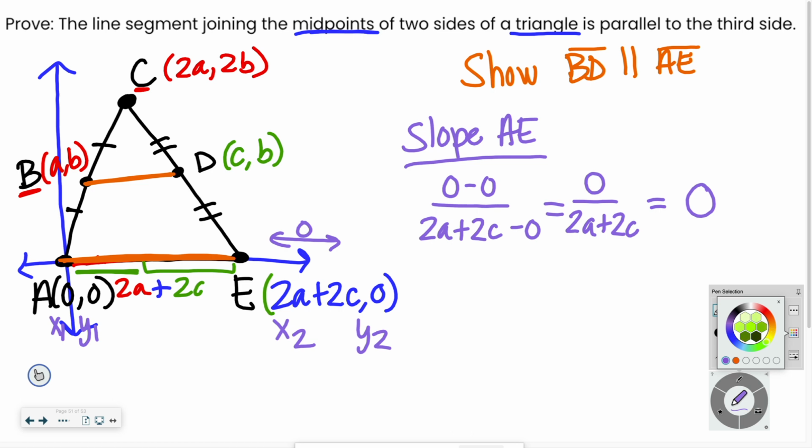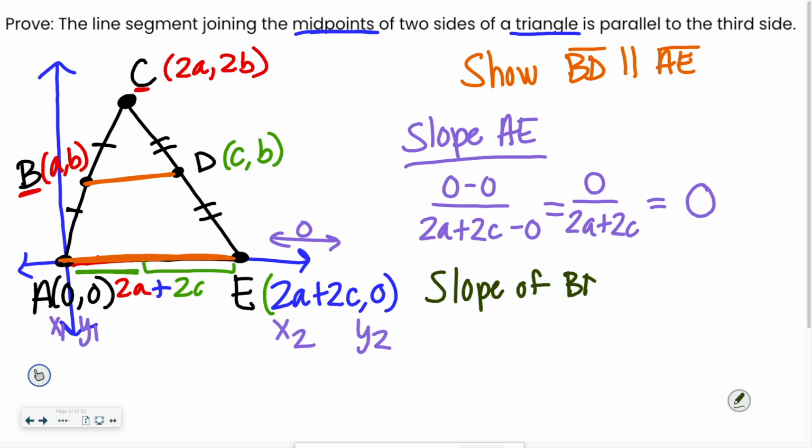Okay, now let's try finding the slope of BD. So if we look here, x1, y1, x2, y2. There we go.